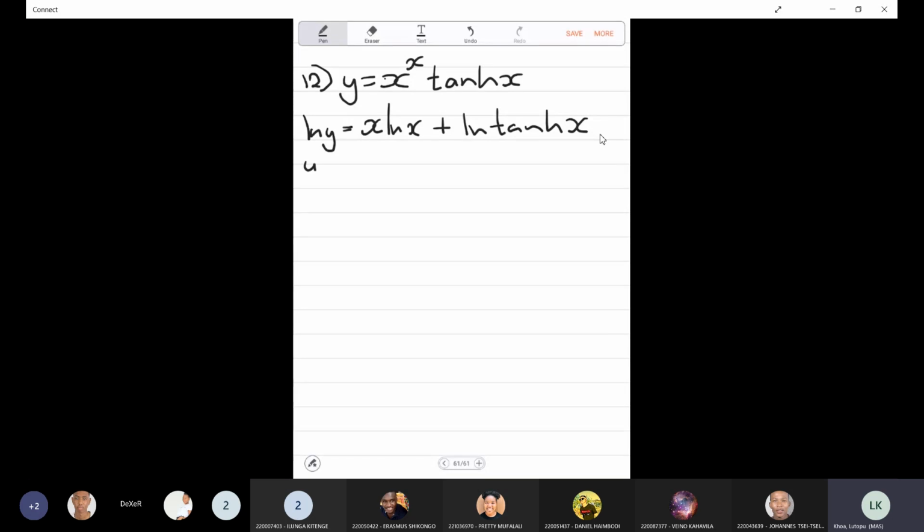So we have y prime over y. This is ln of x plus 1, plus 1 over tanh of x, and then we multiply by the derivative of tanh of x, which is that.